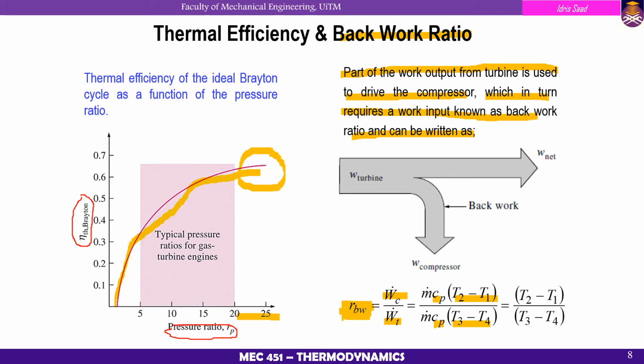So we can cancel out this term. Basically we can calculate the back work ratio as (T2 minus T1) over (T3 minus T4). So this is what we call the back work ratio.